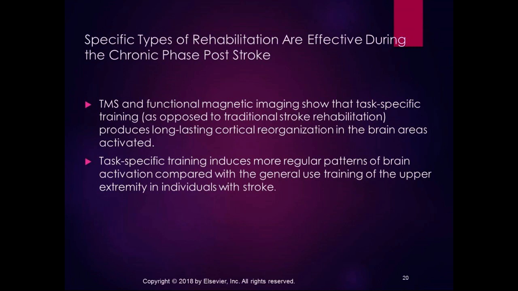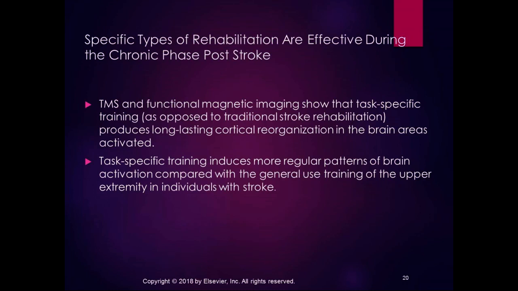So there are specific types of rehabilitation that are effective during the chronic phase post-stroke. The functional magnetic imaging and the magnetic brain stimulus that they were talking about earlier show that task-specific training, as opposed to other types of traditional stroke rehabilitation, produce long-lasting cortical reorganization in the brain areas activated.